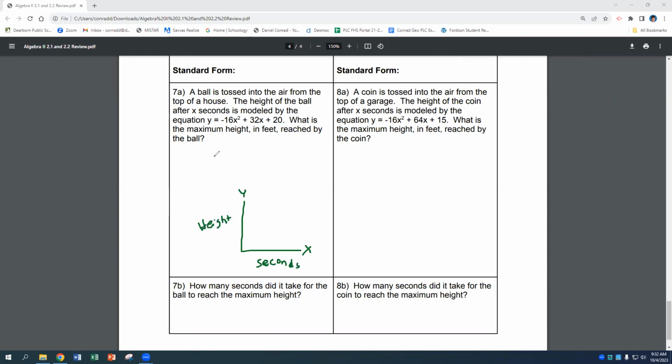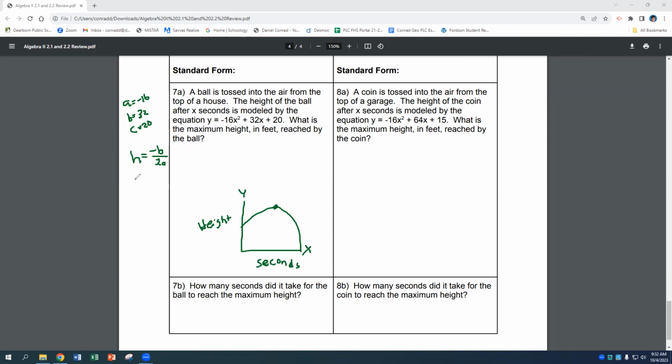So what we need to do is find the vertex, right? Because it's going to look something like this, and this is going to be our vertex. That's going to be the maximum for the height. So let's find h first. H is going to be opposite of b over 2a. So again, a is -16, b is 32, and c is 20.